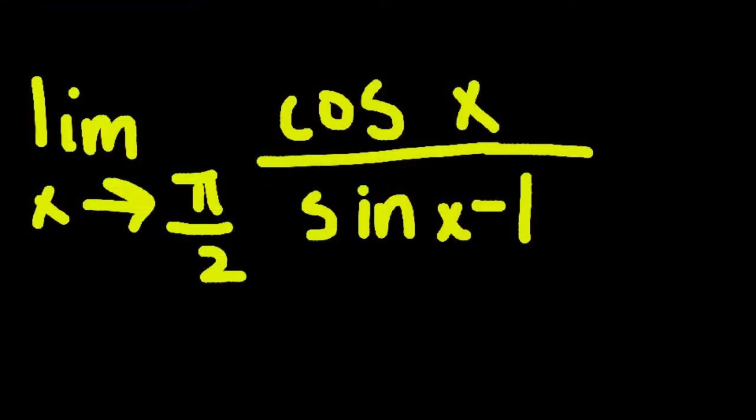Now we have an example: the limit as x approaches pi over 2 of cosine of x over sine x minus 1. Let's put the sine x in parentheses to clarify. First thing we're going to want to do is break this up. A key to both understanding L'Hopital's rule and being able to justify it is analyzing the top and bottom limits. Finding the separate limits proves indeterminate form.